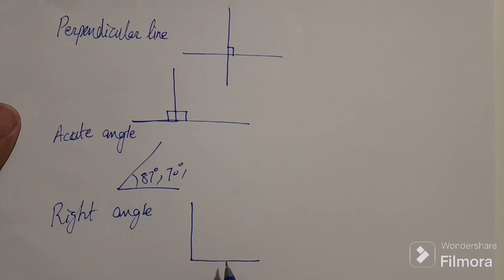So these two lines meet at exactly 90 degrees, and this can be referred to as a square because it's a square or rectangle corner. So this will be 90 degrees, and this is how the angle will be.